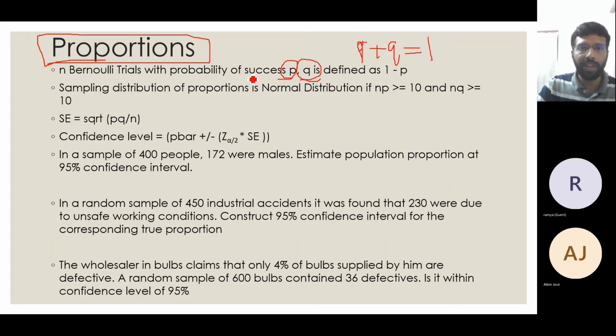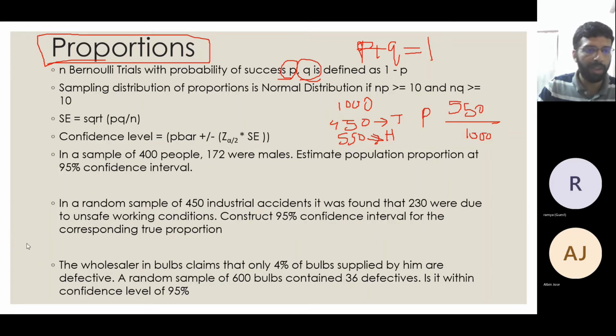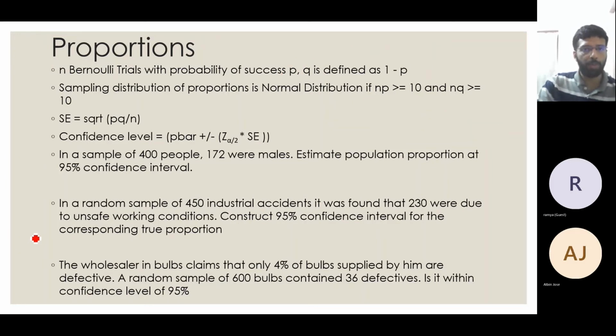So one example you can consider is I toss a coin 1,000 times. Some 450 times I got tail, and some 550 times I got head. So my proportion here, suppose head is my success, P will be 550 by 1,000 and Q will be 450 by 1,000. So that will be my P and Q in this case. That is what I mean by proportion.